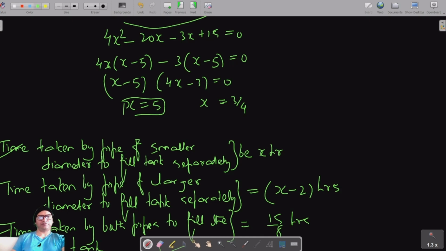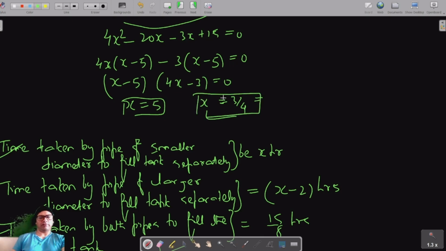So x is equal to 3 by 4 is not possible, because if we use x is equal to 3 by 4, this value is rejected.